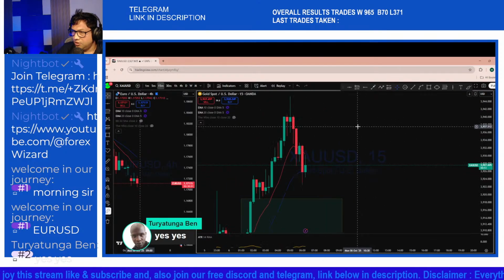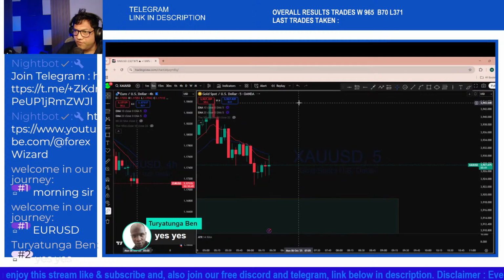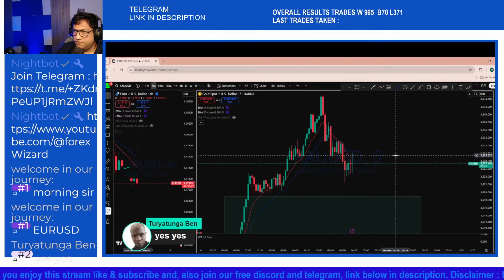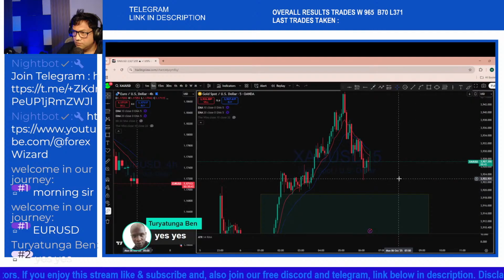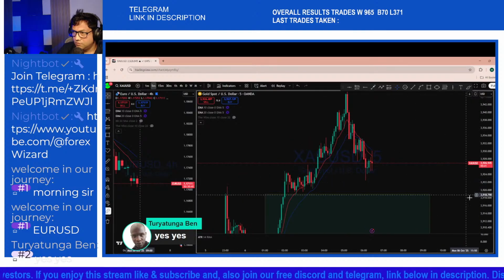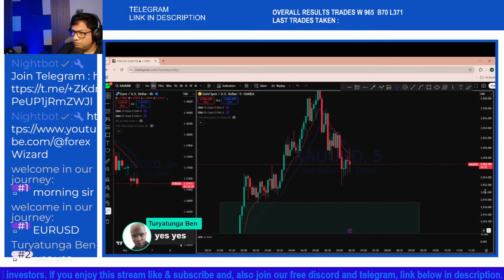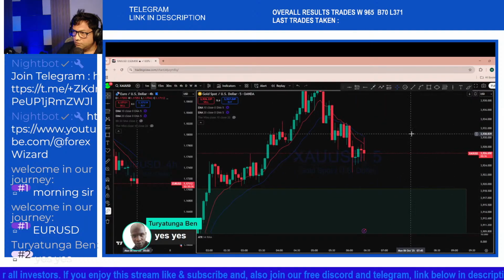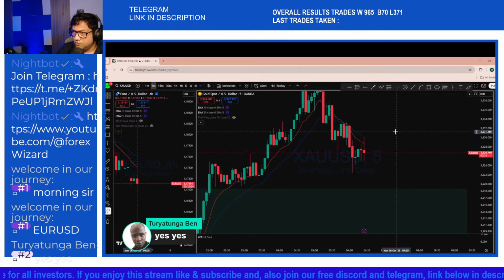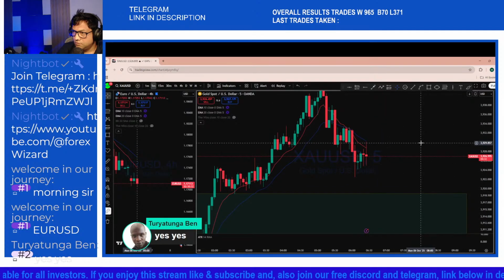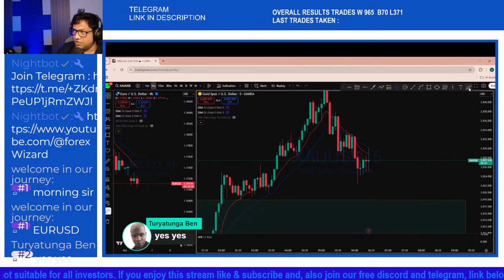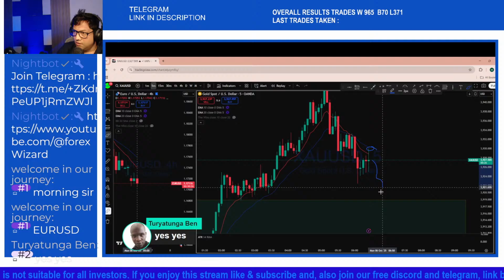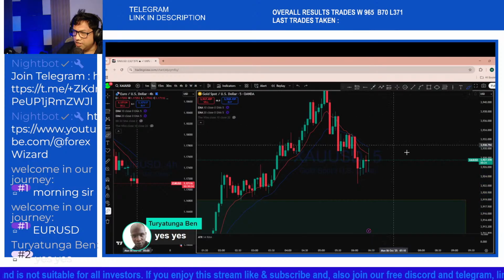Looking at this lower time frame, there's a market structure where you can see the price is breaking that low here to create a new lower low.